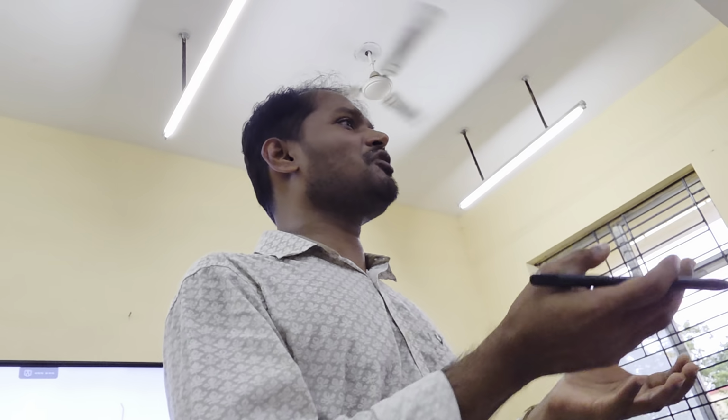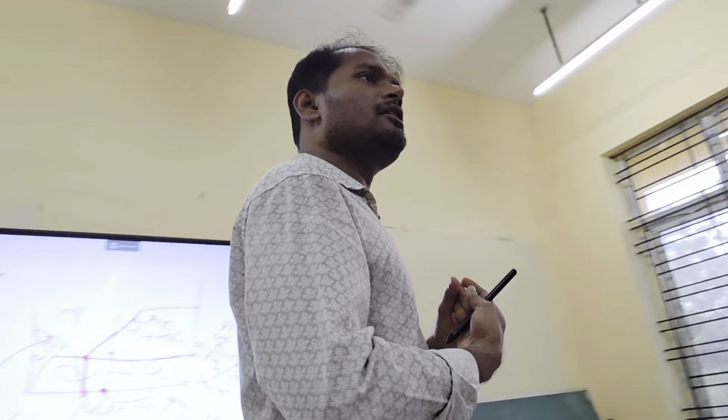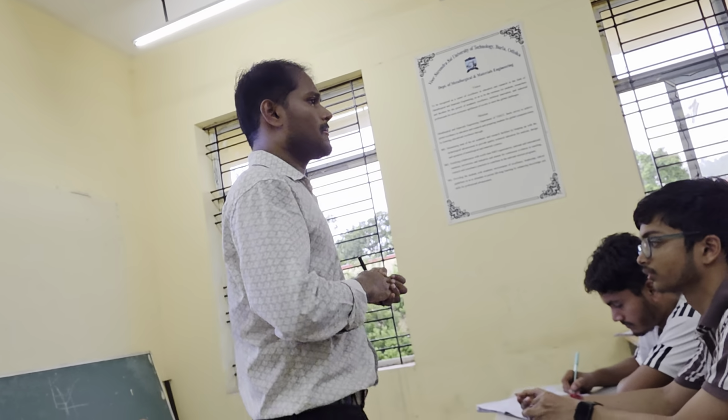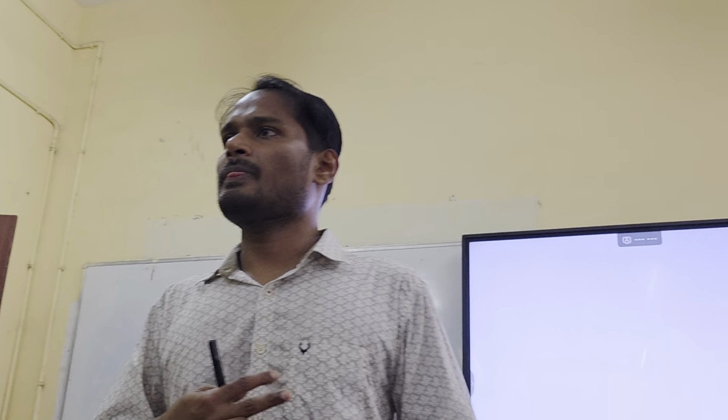Alloying composition, so you need to write and justify. And finally, what should be the cooling rate? This is the kind of question you are going to get in the mid-semester. The question is not tricky, but simple. If you understood the concept, you can write it. You understood this kind of question you will get. Okay, iron carbon diagram, any confusion you have, or is it fine at least?